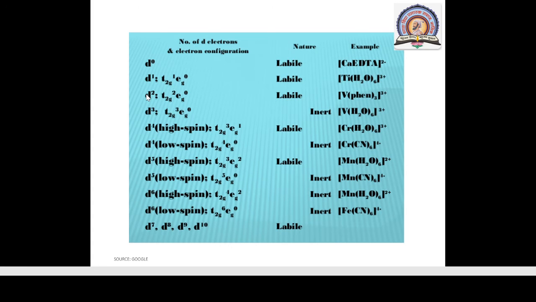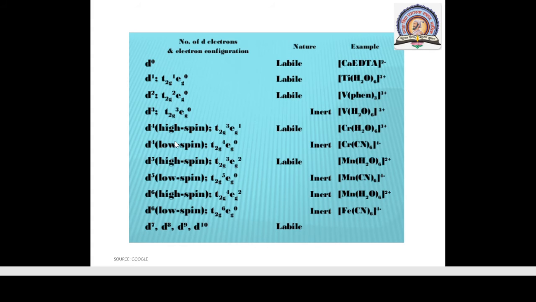If the system contains d2, the T2g orbital contains 2 electrons, again it will be labile. But if your system contains 3 electrons, that is a d3 system, 3 electrons are filled in T2g, that is T2g3 Eg0, at that time there is no vacancy for an entering nucleophile or entering ligand, so that complex is an inert complex.